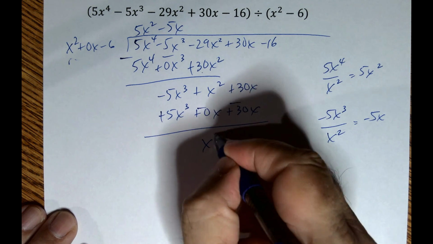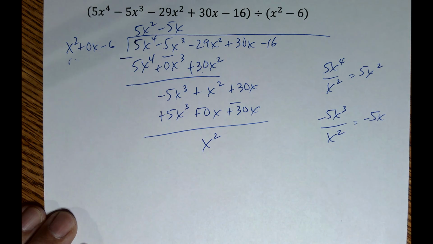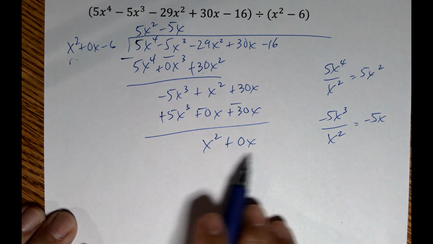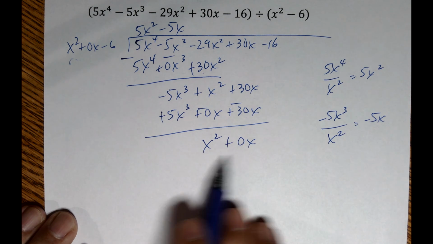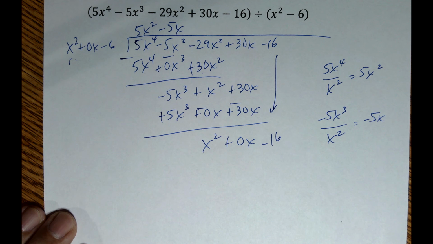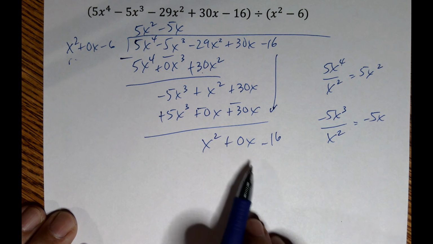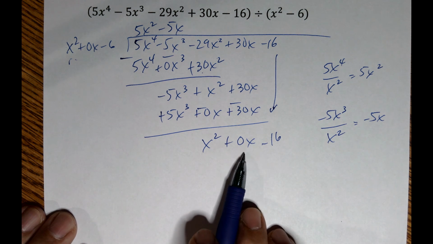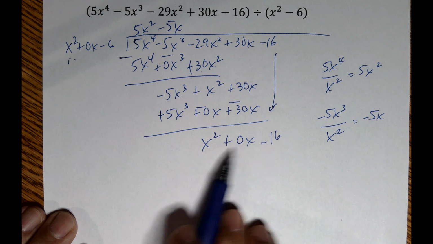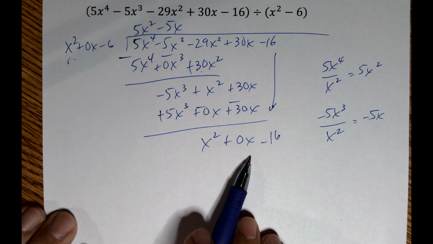So that's x squared, and that cancels. So I'm going to go ahead and write 0x. Because I have x squared here, I don't put 0 in the front, but I put 0 in between things. Because this is going to come down as a minus 16. Again, you are not required to write this, but it keeps things organized by putting that 0 in there. I don't need to put the zeros in the front, but putting zeros in the middle helps me keep things organized.